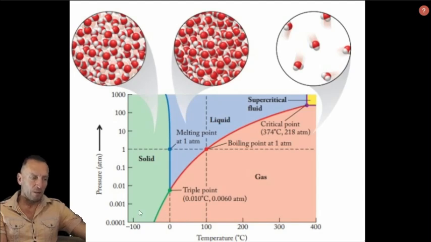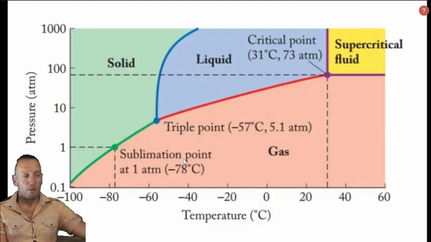If we decrease the temperature at this pressure or at any other pressure below the triple point and the temperature, then what's going to happen is going to turn from gas directly to solid. Such a behavior is familiar in our daily life.